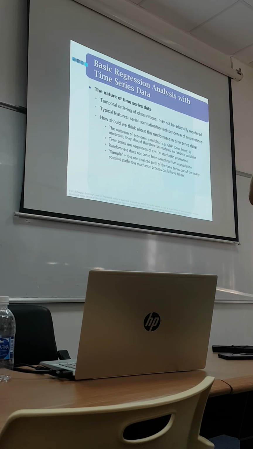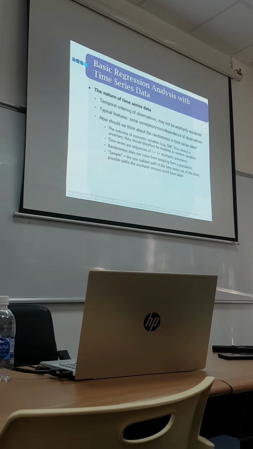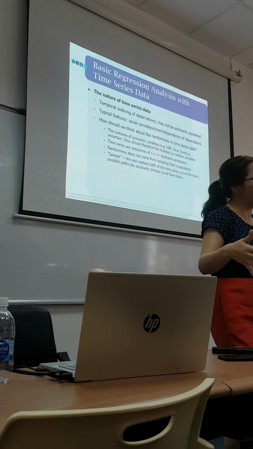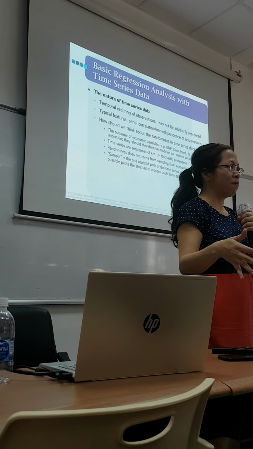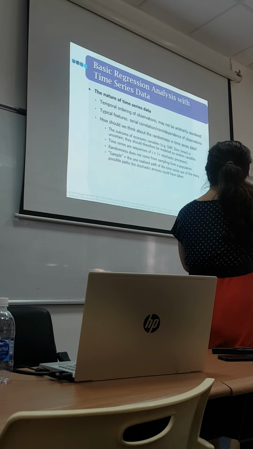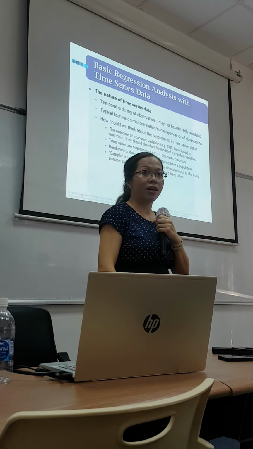You have to pick a sample consisting of consecutive years. You cannot pick one data point in 2020, one in 2010, and one in 2015, and then run the regression. In time series, you cannot have random sampling. The sample is one realized part of the time series.